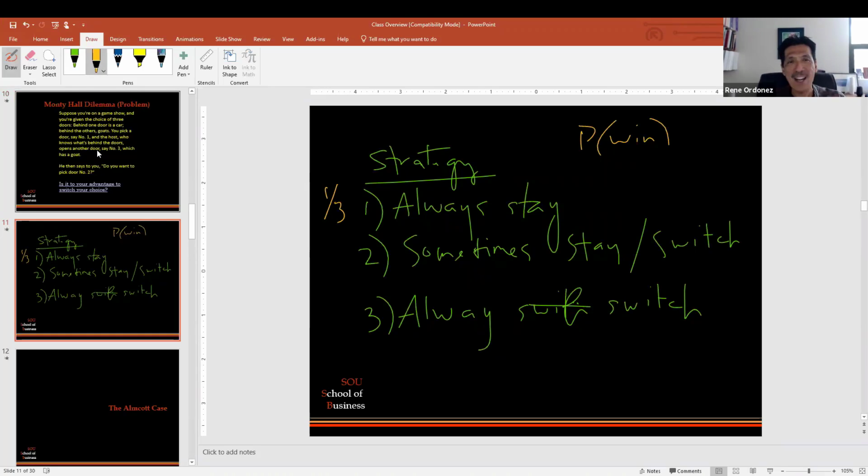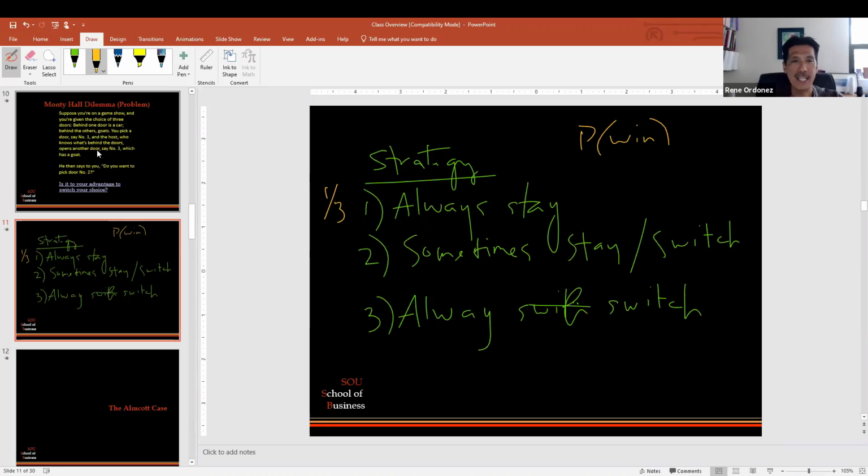So the question is, can we have a better probability than 1/3? Yes. So definitely the always stay option is not what we're going to adopt, right? As a rational decision maker, we can improve our probability if we pick either 2 or 3. How about 2?